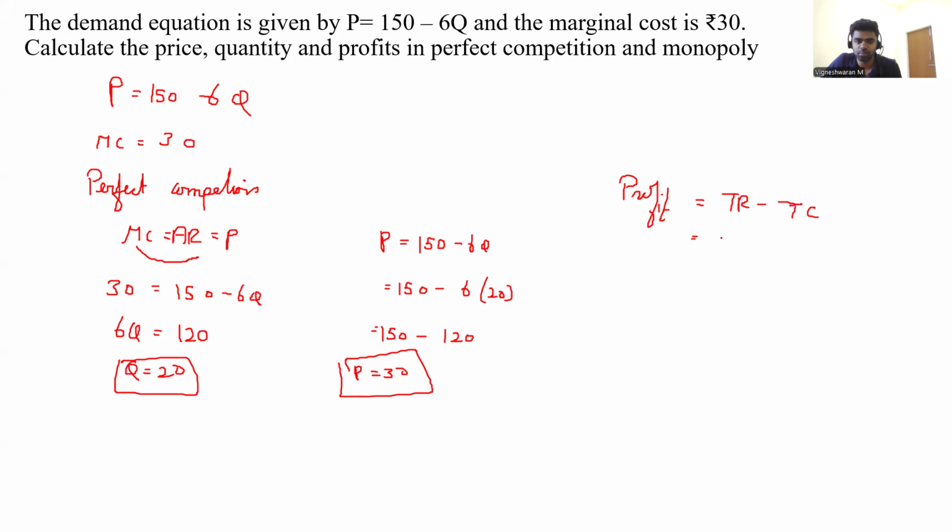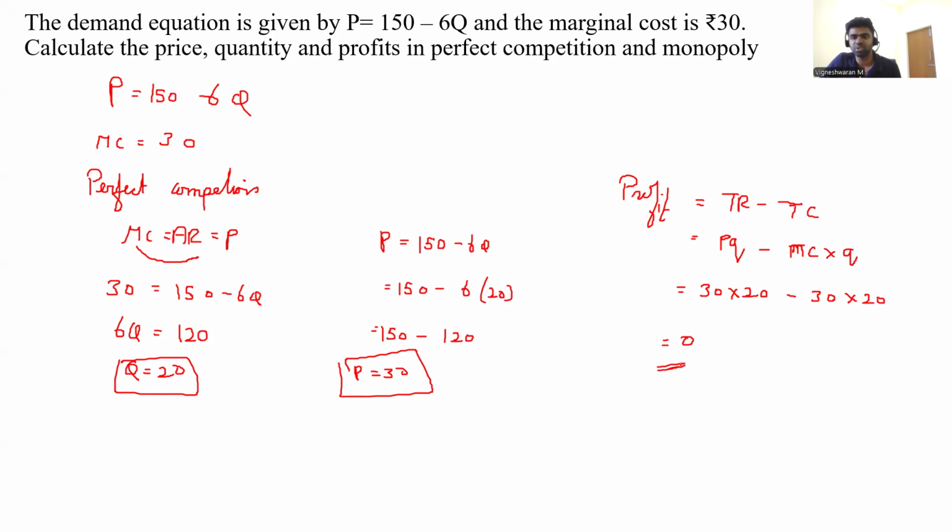Total revenue means price into quantity, minus total cost, which is nothing but marginal cost into quantity. PQ is 30 into 20 minus marginal cost: MC is 30, Q is 20. So it is 0. In perfect competition, the profit is 0.